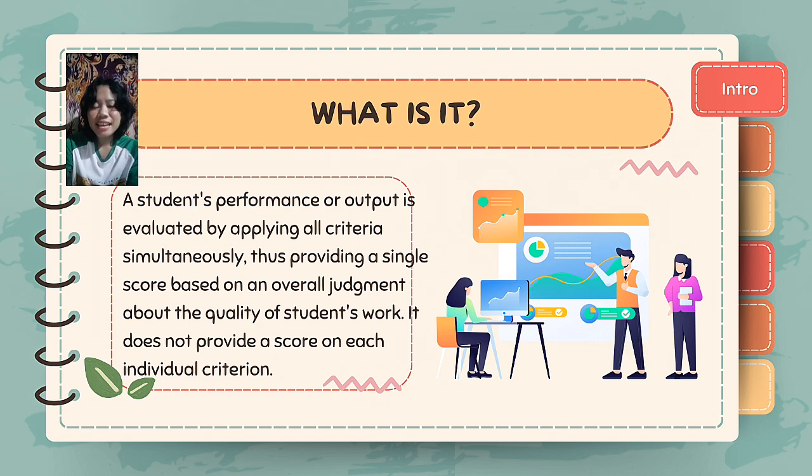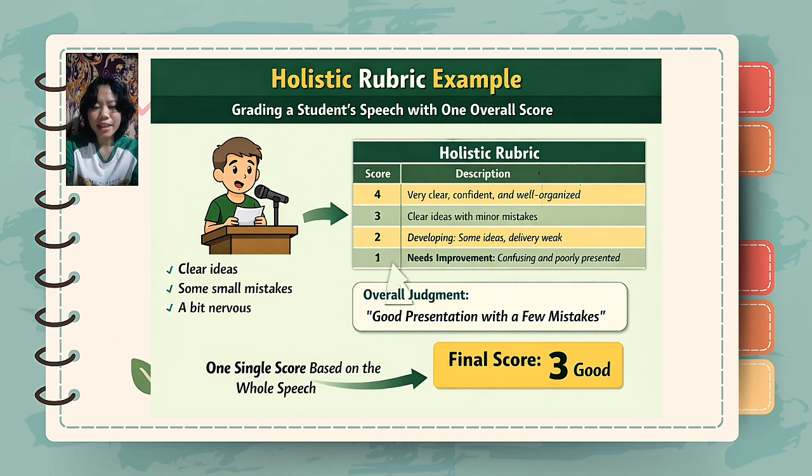Okay, to understand this further, let's have this example. So this example shows how a holistic rubric is used to evaluate, let's say, a student's speech. Okay, in the picture, a student is presenting a speech while the teacher evaluates the performance using a holistic rubric.